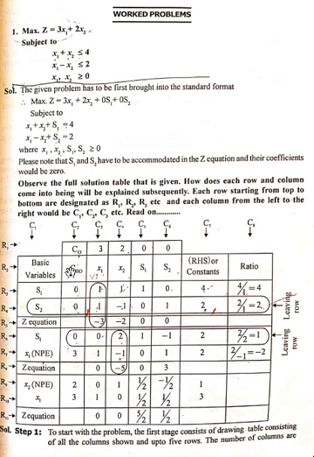Then x1, x2, s1, s2, followed by RHS, then ratio. So the cost values: x1 has a value 3, x2 has a value 2, s1 has a value 0, s2 has a value 0. Those have been written at the top of x1, x2, s1, s2.